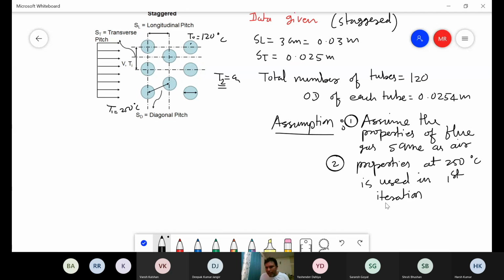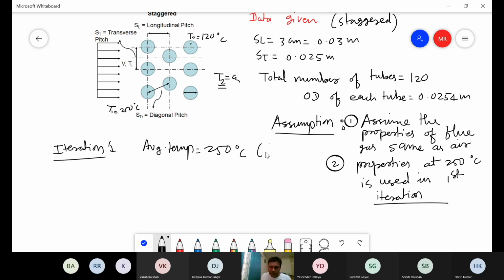Okay, so let us do the calculation of the outlet temperature, and we will continue this iteration till the outlet temperature obtained and the outlet temperature used for calculating the average value are the same. So in iteration 1, the average temperature of the flue gas is 250 degrees Celsius.